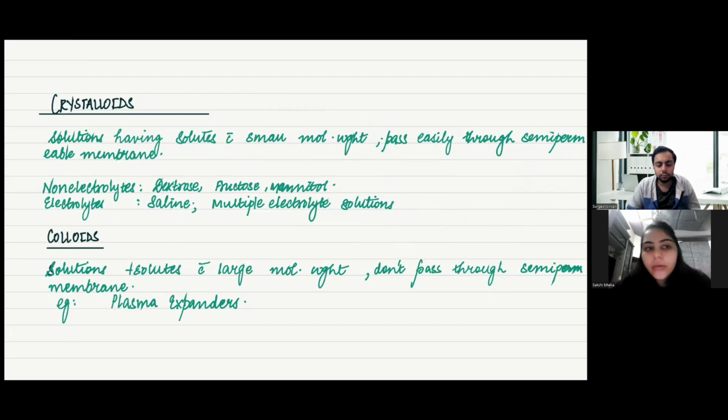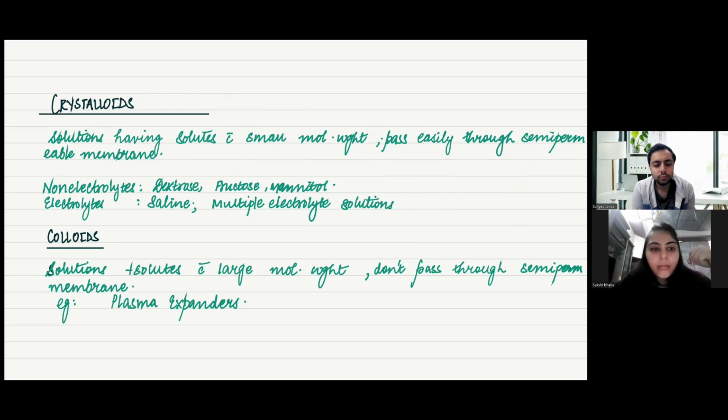Crystalloids are solutions with solutes of small molecular weight, and they can pass easily through a semi-permeable membrane. Crystalloids include non-electrolytes like dextrose, fructose, and mannitol, and with electrolytes, we have saline and other electrolyte solutions, which we will see further in the session.